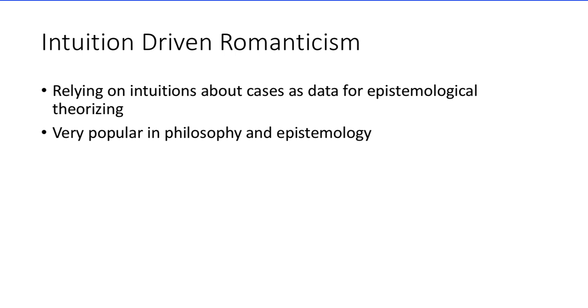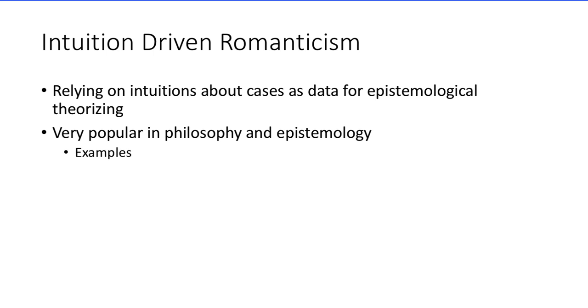What should you do? So I might give you that sort of case, and you give this intuition about whether you should pull the lever or not pull the lever. That's a sort of intuition pump that's supposed to serve as data for finding out what the correct theory of ethics is. Similar in epistemology, we've seen this a lot.